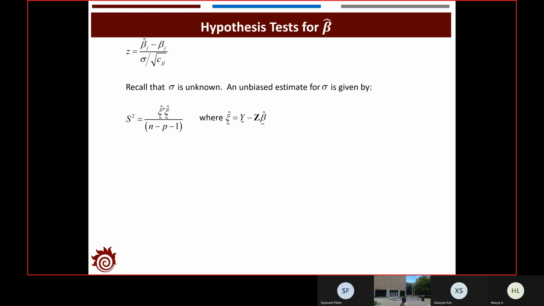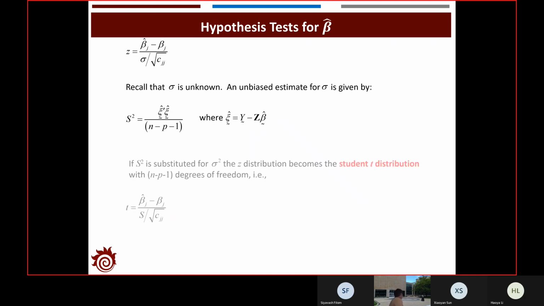Here p is the number of independent variables in the model. Also, you have to be aware of the definition of the epsilon hat. And here we can then use the capital S square to represent sigma square. So this is an estimator for the variance. It's not the true value, but that's what we can get from the sample.